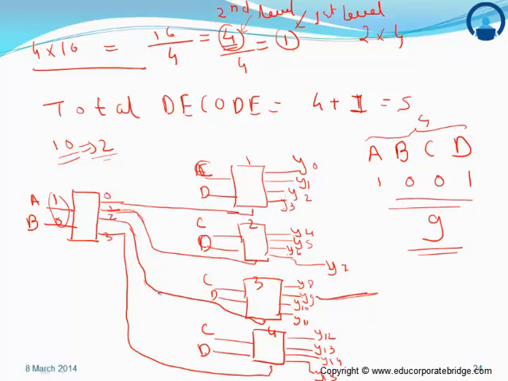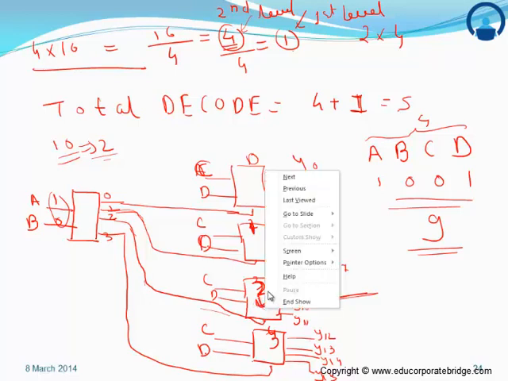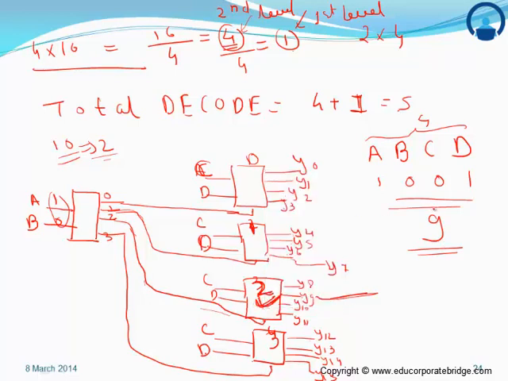That means this decoder is selected. This is 0, this is 1, this is 2, and this is 3. Okay, decoder number 2 is selected this way. Now considering this value, decoder 2 is selected and the value is 9. Therefore, in this case output 9 is selected.